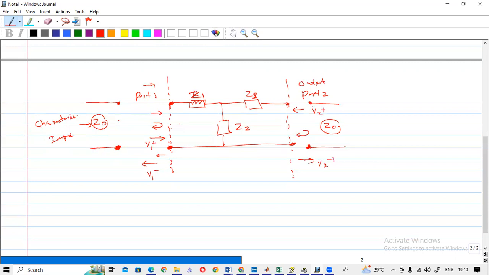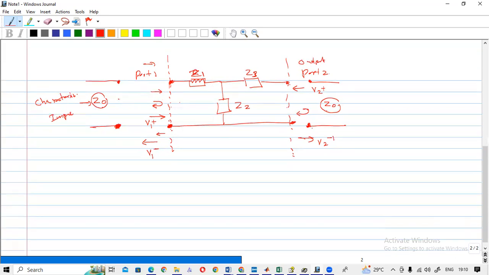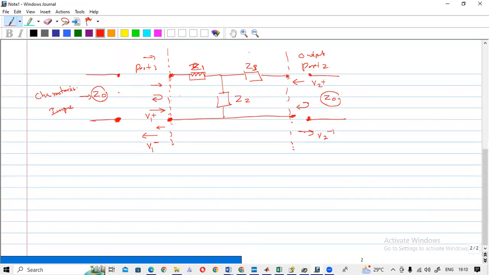So we have marked the input and reflected voltages. Here you have two ports, so you should have two reflected voltages.